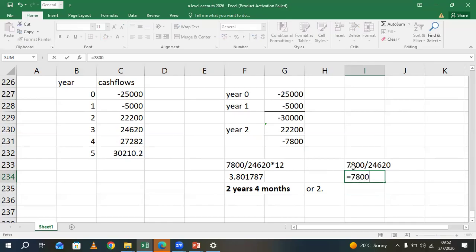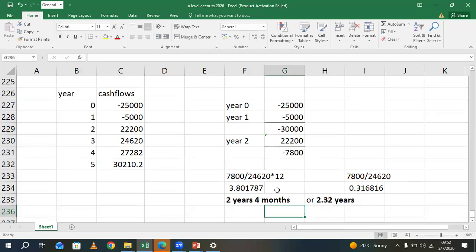That's 0.32. So you add that to 2, so it becomes 2.32 years. If you want to put it in years without months, you don't multiply by 12. So that's our payback period.